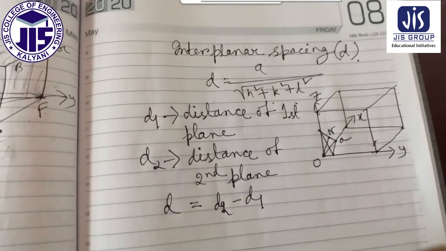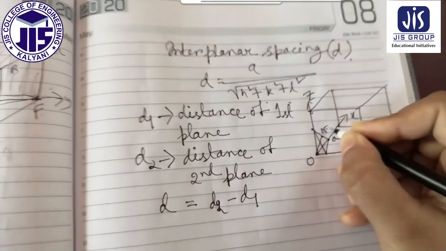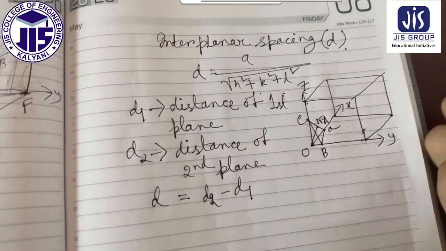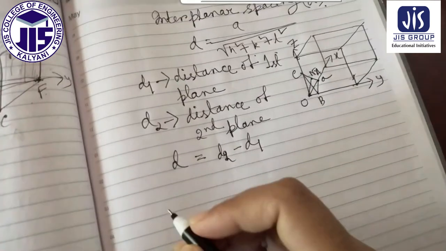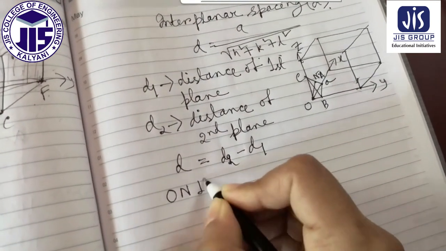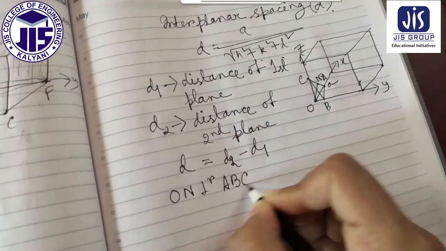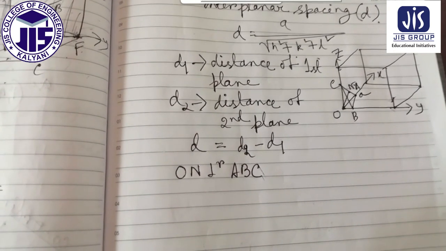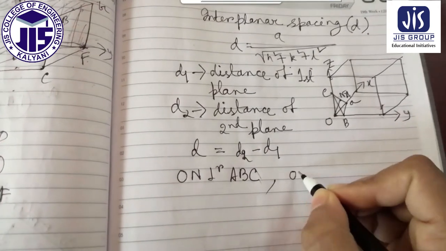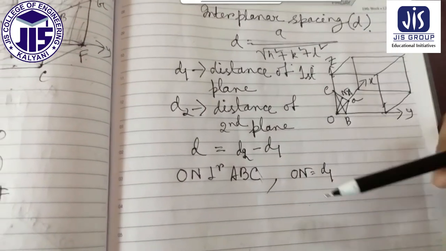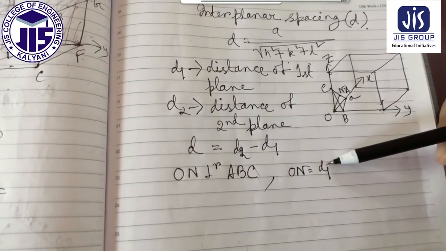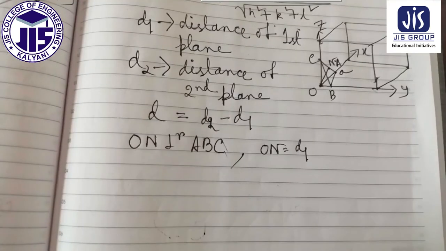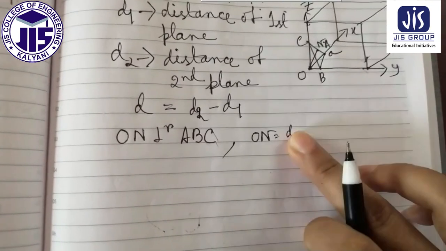So how to do it? First, if we consider ABC as a plane, and ON is perpendicular to ABC, then can we say that the distance ON equals d1? That means d1 is the distance of the first plane from the origin, so ON equals d1.